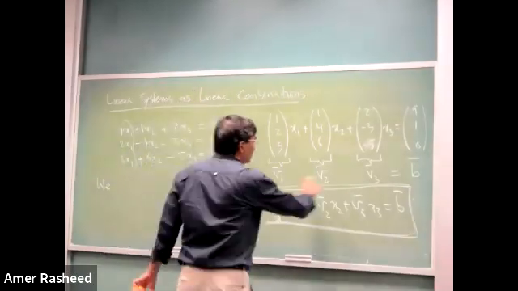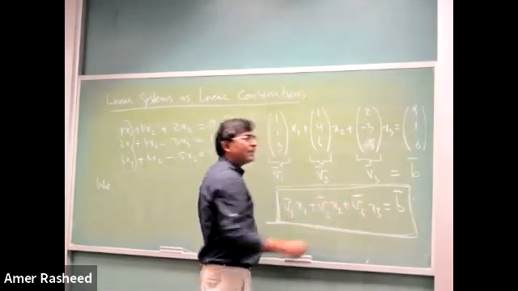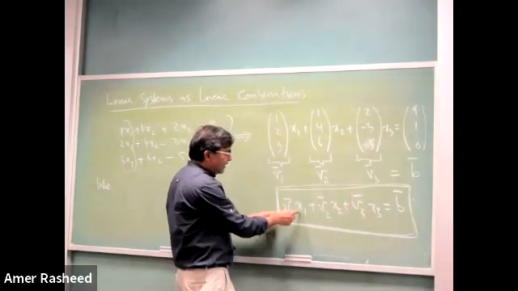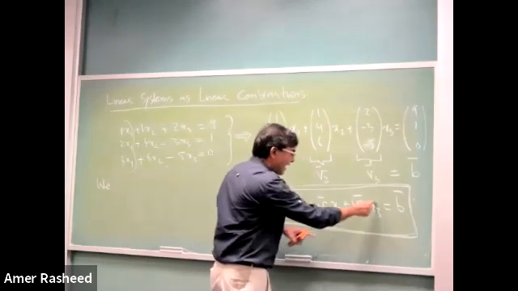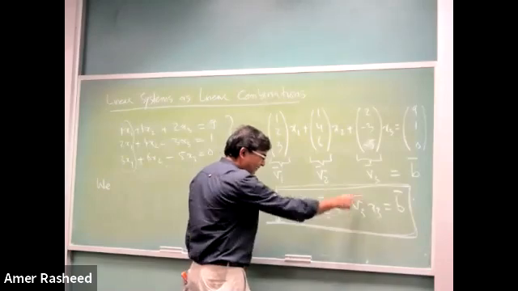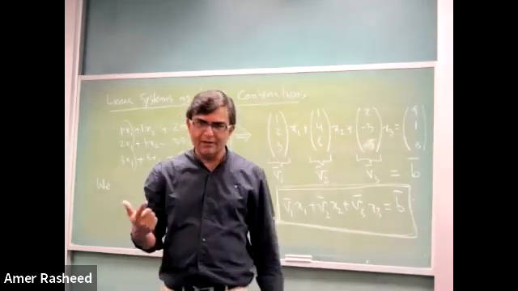If we can solve this linear system and find the values of X1, X2, and X3, such that if we multiply those values with V1, V2, and V3, and we solve this left-hand side, we get the vector B. Okay.